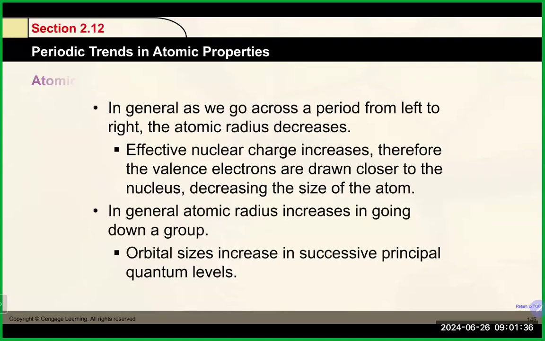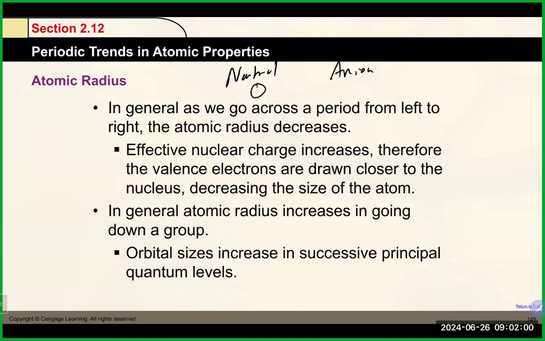Now, all of these trends also affect things like atomic radius. By the way, we just talked about earlier what happens with a cation. Let's talk about the difference between a neutral atom and an anion. Is the anion going to be smaller, larger, or the same size as a neutral atom?